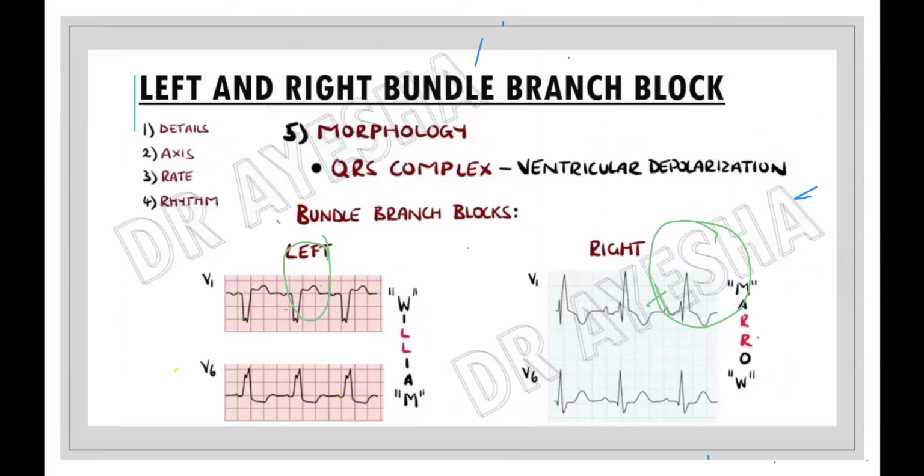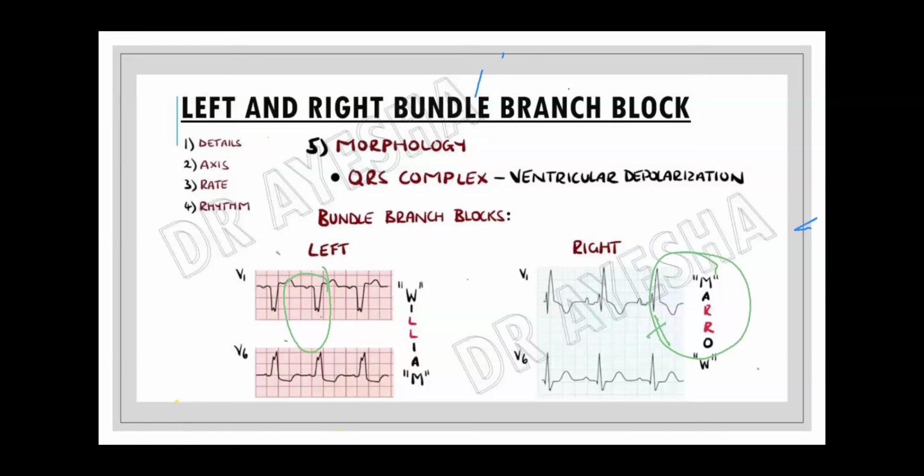So how are you going to understand is this a right bundle branch block or the left bundle branch block? So it's a very simple mnemonic for that. Okay. So if you see the word William, if you can understand the word William, so remember where you see these blocks, you will, for block, you are going to see the V1 and the V6.